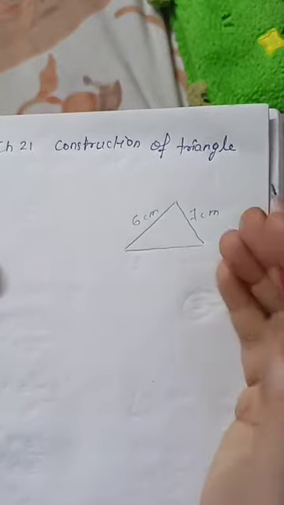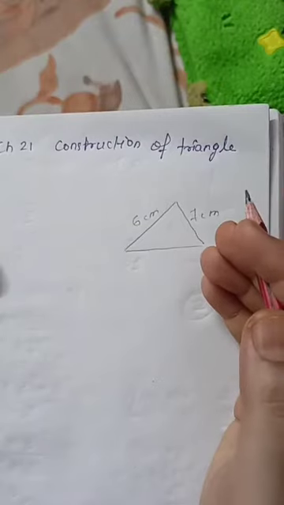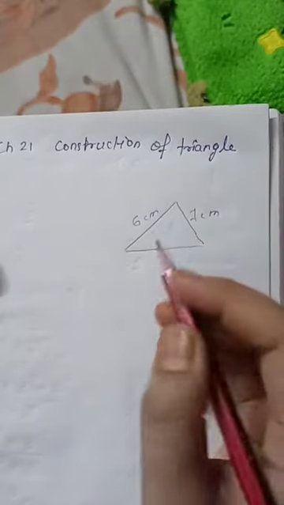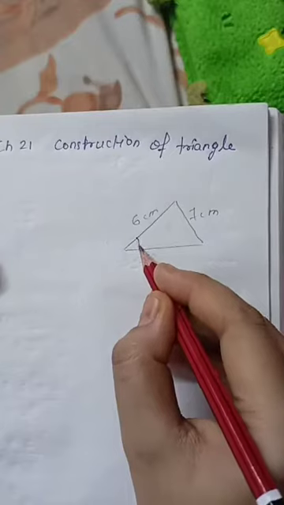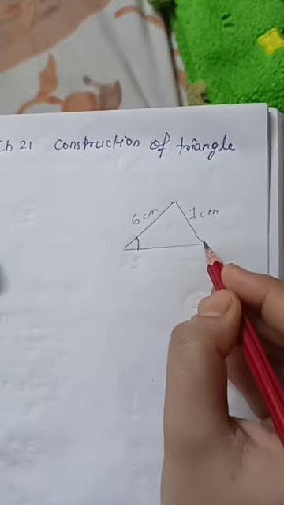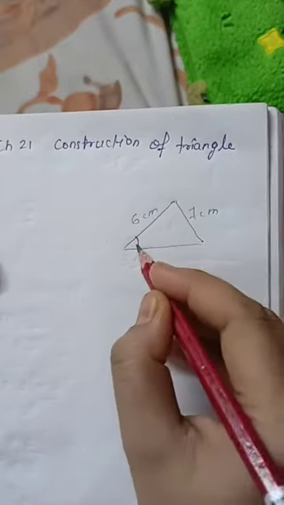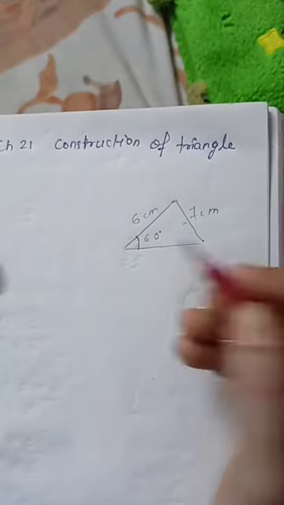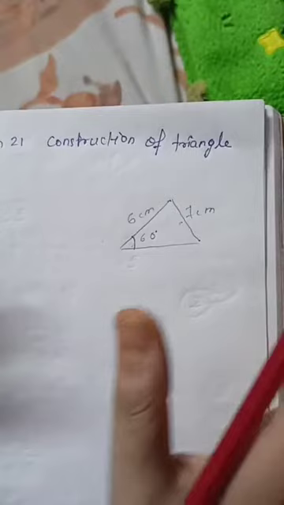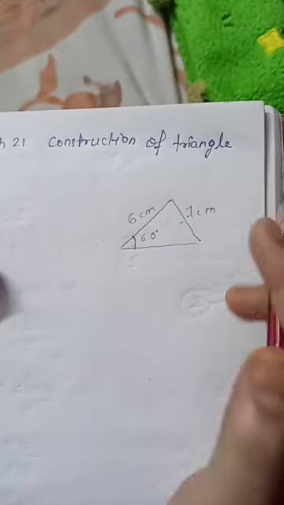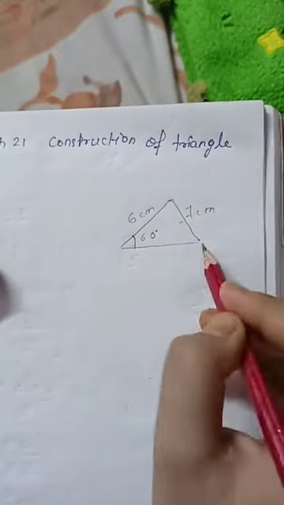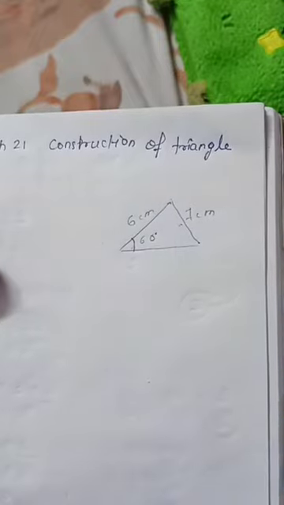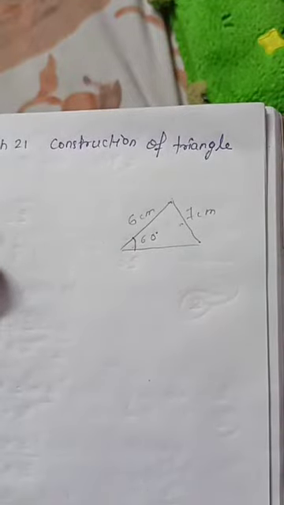Further it is saying that the measurement of the angle opposite to the side 7 centimeter is 60 degree. That means if this side is 7 centimeter, the angle opposite to the 7 centimeter is 60 degree. So the question is asking, let us draw what will be the measurement of the sides to form the triangle.